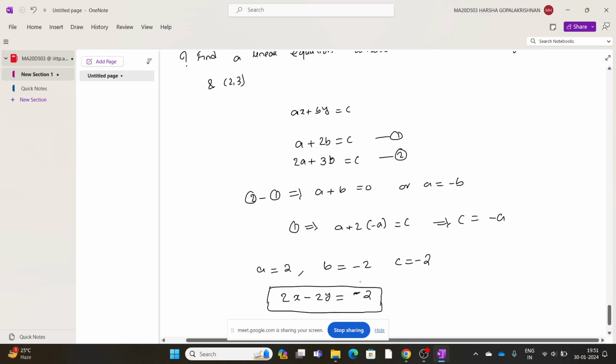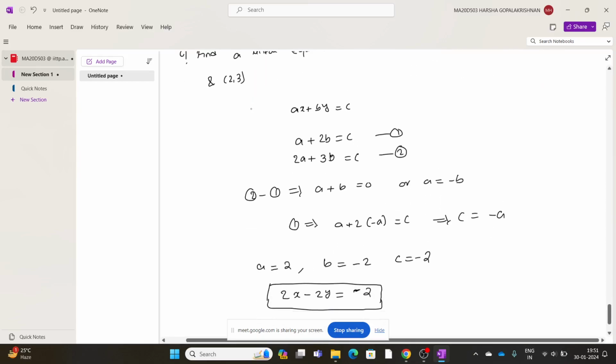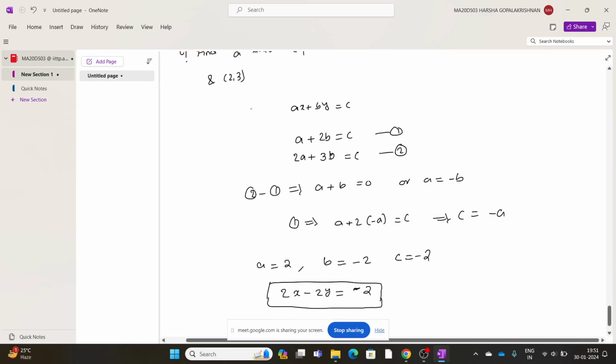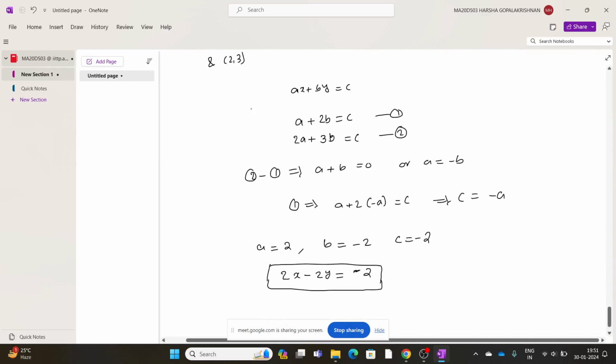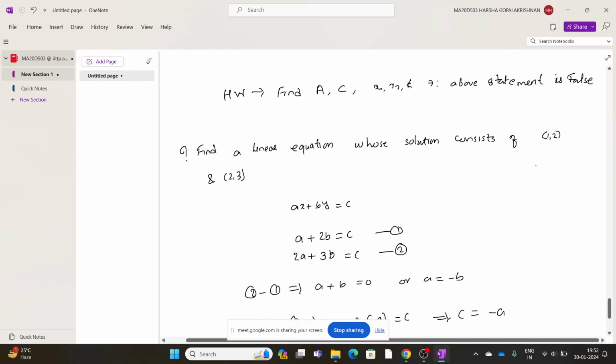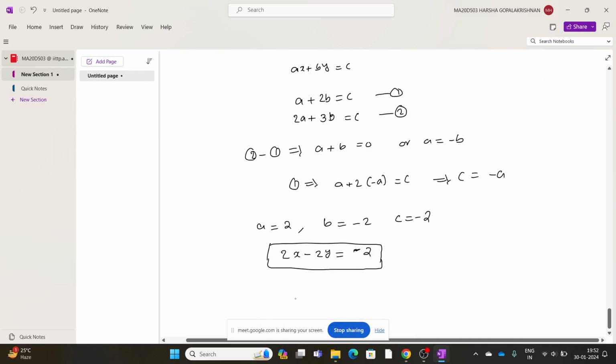Now instead of 2 we can choose any value, 1, 5, 2 by 3, anything. Now let us check whether this equation satisfies the two given points. First point is (1, 2). We substitute 2 into 1 minus 2 into 2, that is 2 minus 4 equal to minus 2, correct.